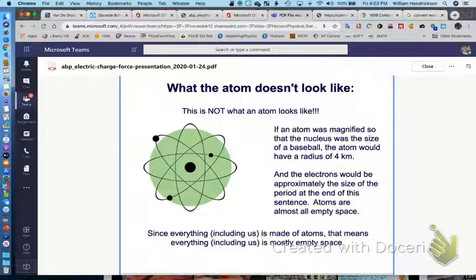And it took several scientists to get up to this point. You had Dalton, who came up with the idea that there was a definite nucleus. You had Ernest Rutherford, who tested the idea of the nucleus through his gold foil experiment. You had J.J. Thomson proving the existence of the electrons.